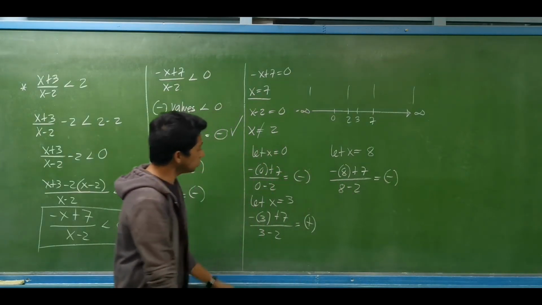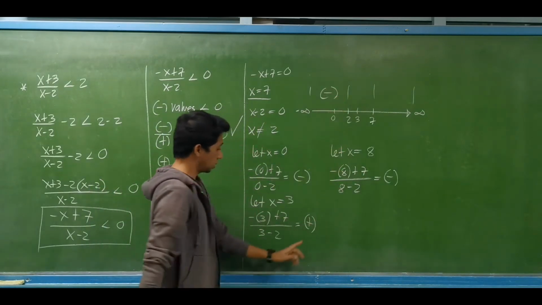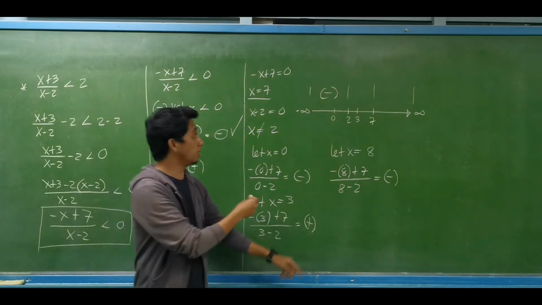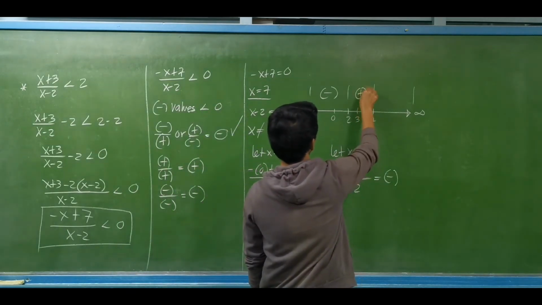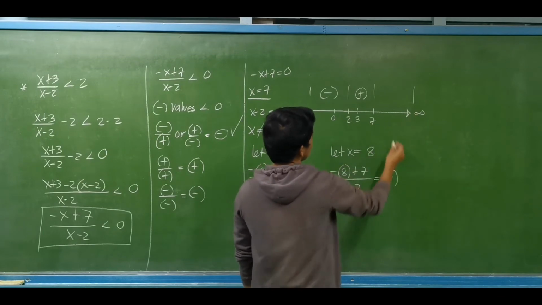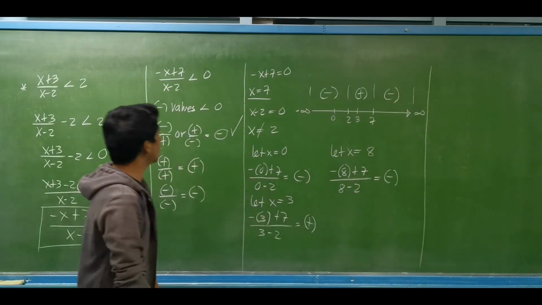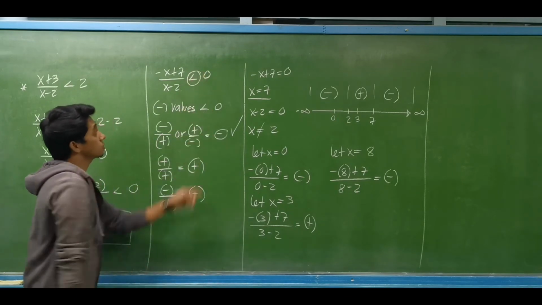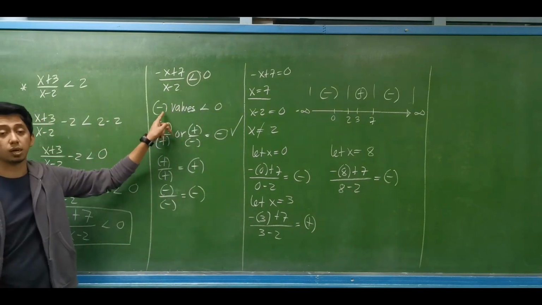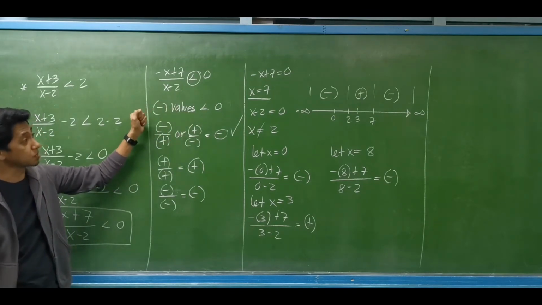To review: the first interval gives a negative quotient, the second interval from 2 to 7 gives a positive quotient, and the third interval from 7 to infinity is also negative. Again, we are looking for values that are less than 0, a negative quotient on the left side.